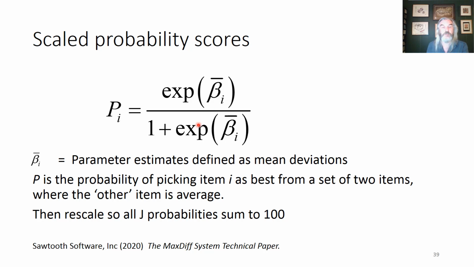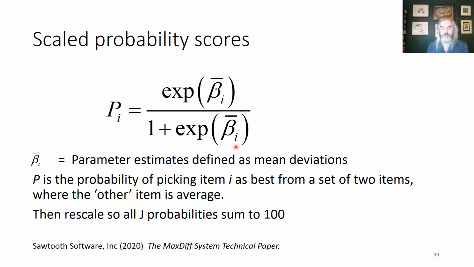So this is just the probability of choosing 1 out of 2, which will satisfy the normal rules of probabilities, but across the full set of items there's no reason why those probabilities should add up to anything. Just to normalize it, they suggest you rescale so they add up to 100.